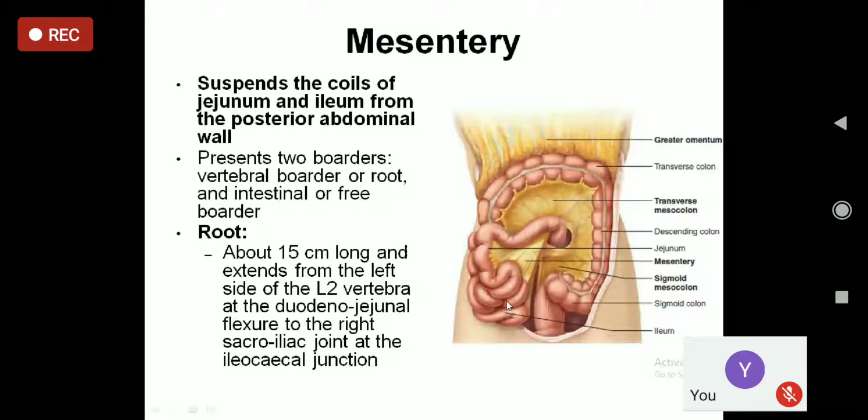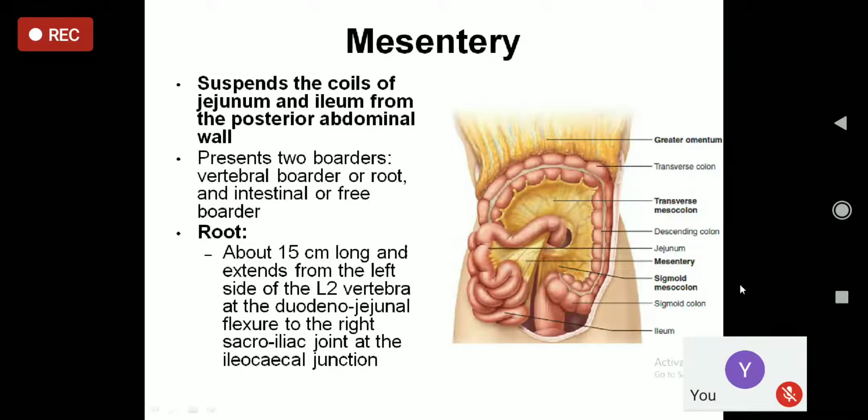This is the free border which holds the jejunum and ileum, and it presents two borders: the vertebral border or the root, and the intestinal or the free border. The vertebral border or root is attached to the posterior abdominal wall, and the free border holds the small intestine in its own place.